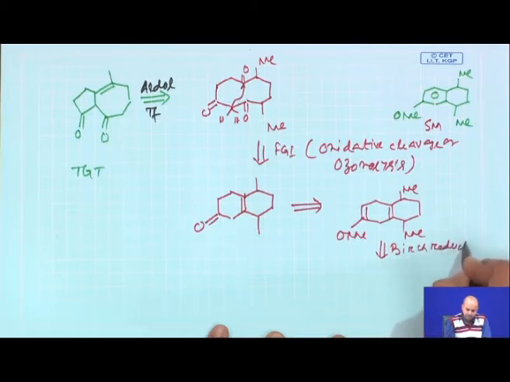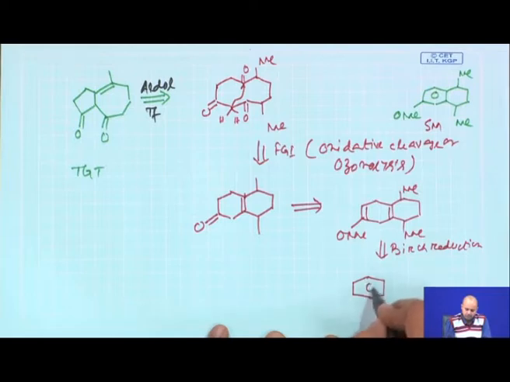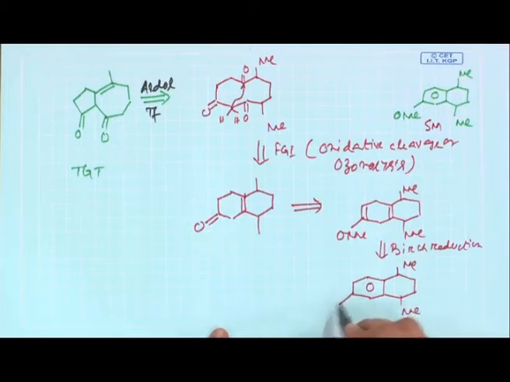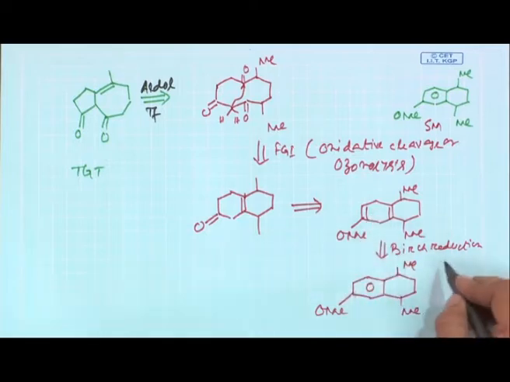Now, Birch reduction, the mechanism all of you are familiar with, and we have also explained earlier that if you have an electron releasing group, the regiochemistry was explained to you. So, for an electron releasing group you get this regiochemistry, this compound. So, Birch reduction is a very useful reduction.